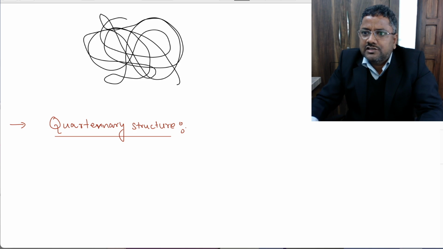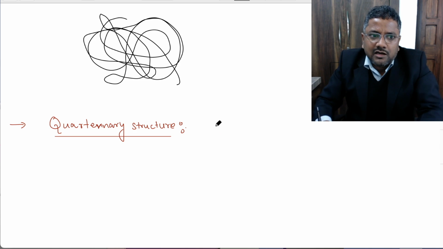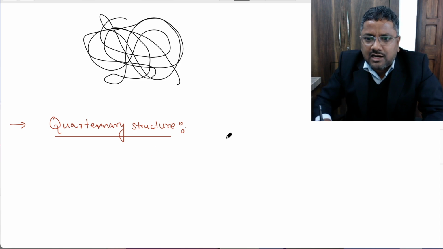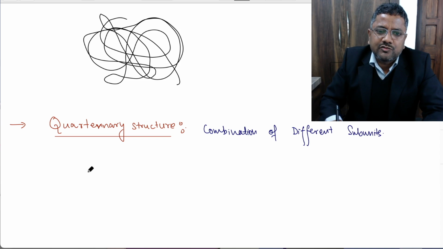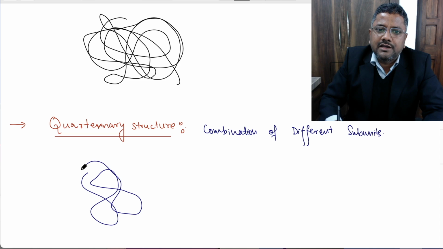So the quaternary structure is the combination of different subunits, right?